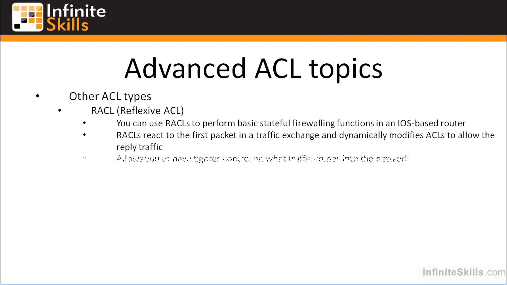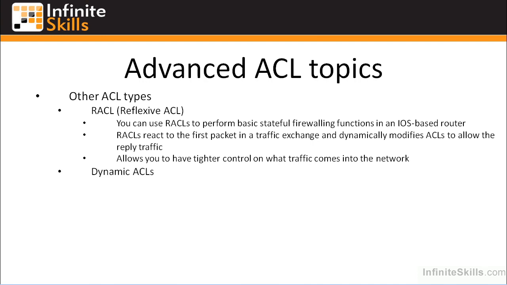All of this allows you to have tighter control on what traffic comes into the network, because you can block all of the traffic inbound and use a reflexive ACL to open up the reply traffic from a specific host. And again, if you have a stateful firewall like a PIX or an ASA or a non-Cisco firewall, the firewall will take care of this for you. You don't have to worry about setting up reflexive ACLs in the firewall.